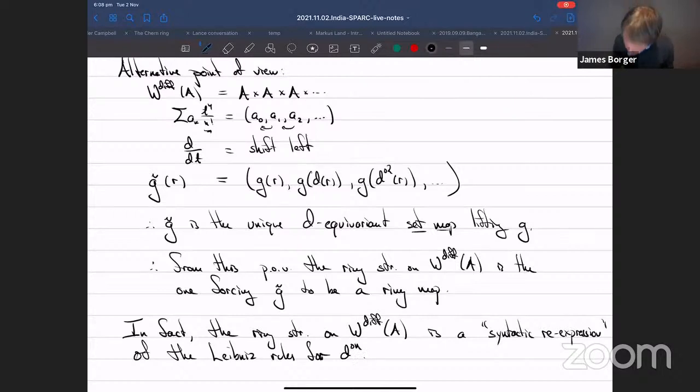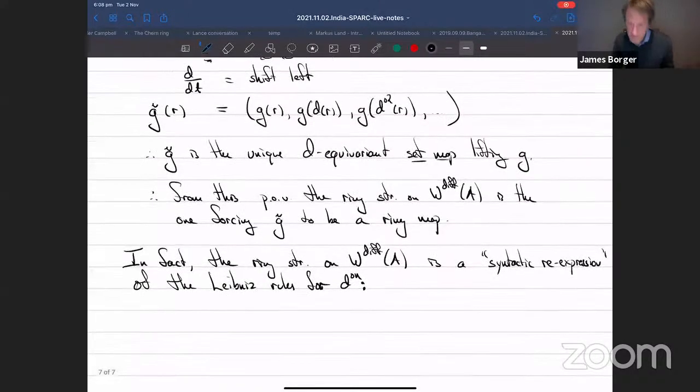So what do I mean? You probably did an exercise in first year to come up with a formula for the second derivative of a product, for the third derivative of a product, and so on. So let's just write this down.